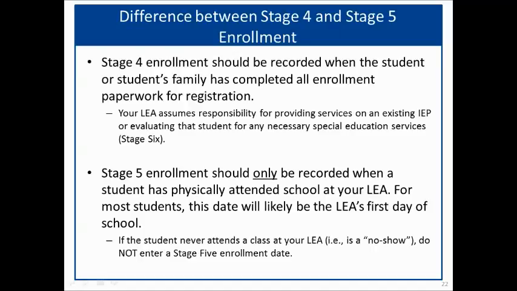And stage 5 enrollment should only be recorded when the student is physically attending your LEA. And in most cases, this is going to be your first day of school, but you may have mid-year students that enroll. And if you enroll them at stage 5, you should only do that if the student is actually there. If the student never attends a class at your LEA or never shows up, do not enter a stage 5 enrollment date. Okay?